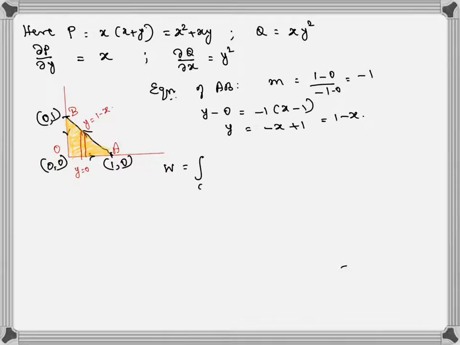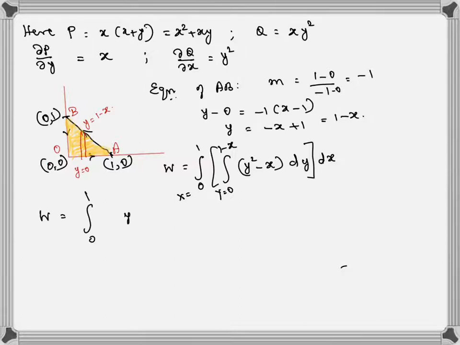So W is the integral from 0 to 1 for x, and then the integral for y from 0 to 1 − x, where the integrand is y² − x. You integrate with respect to y first, followed by integration with respect to x.